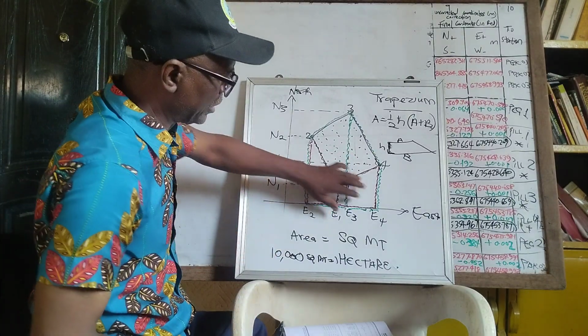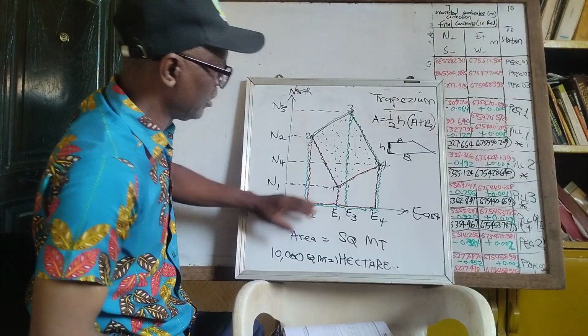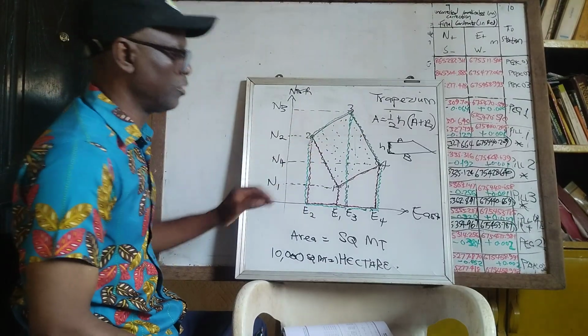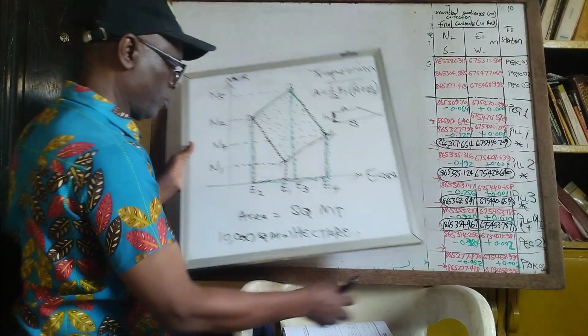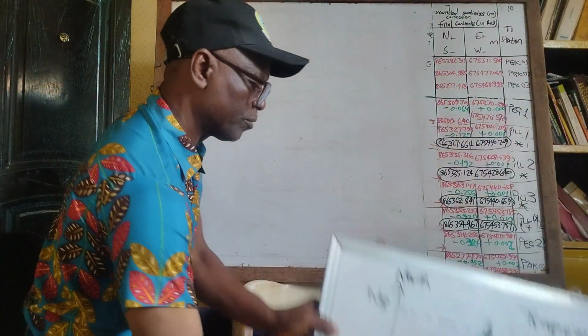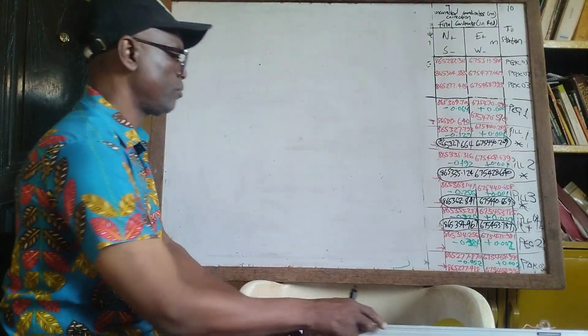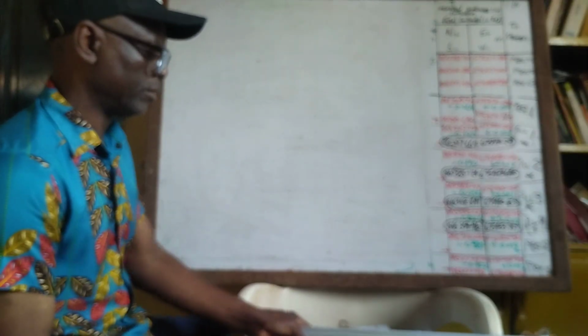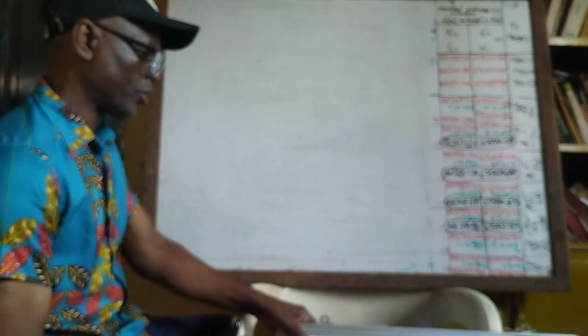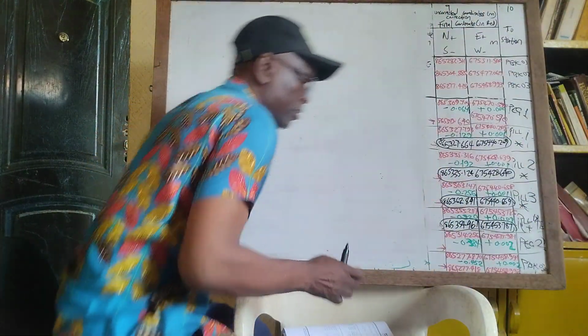So once we subtract this red from the larger green, it gives us the one in the shaded figure. So let's quickly relate it to each other. Now, look at it very well, and let me put it somewhere else so that you can, I hope you have copied it on where it was.